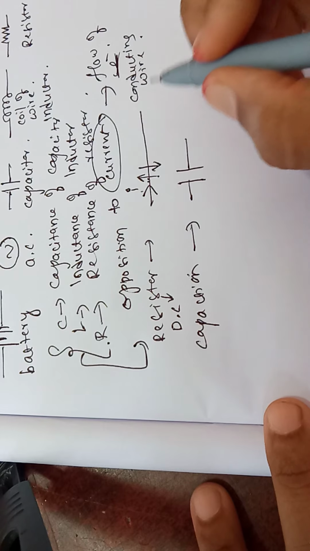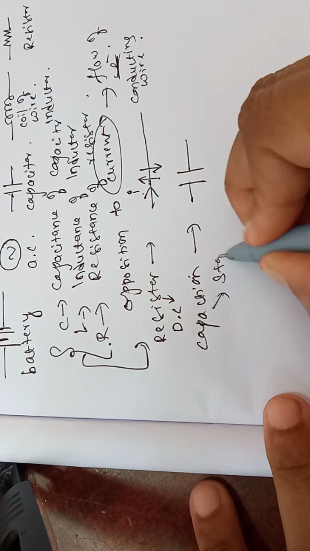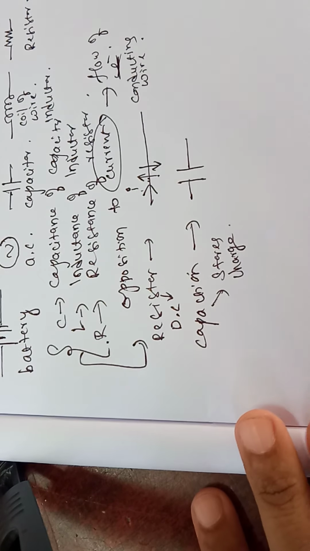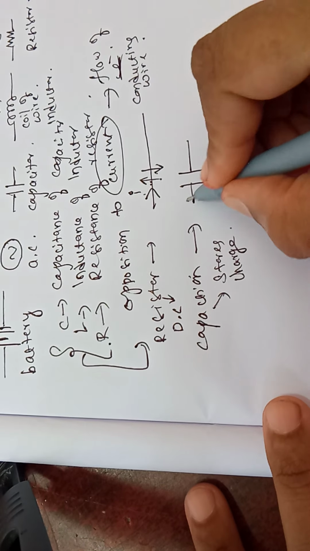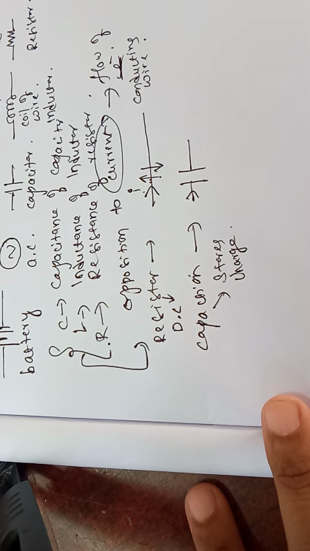The function of a capacitor is to store charge. Whatever current passes through the capacitor, it first stores it, and by this storing process the capacitor opposes the current.